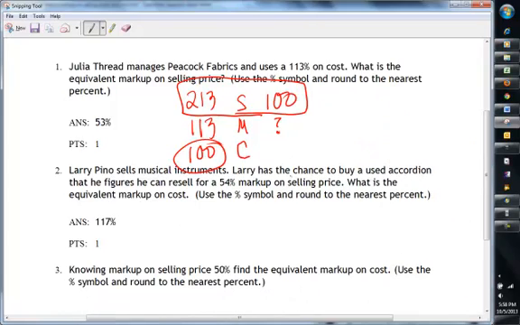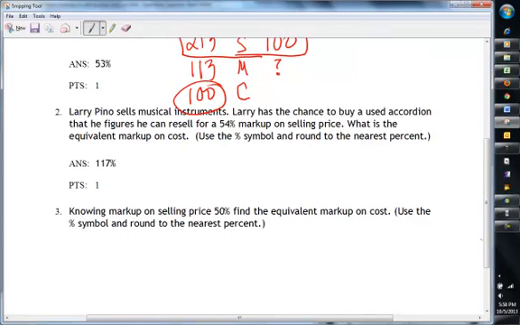Next one. So the 54% is a markup based on selling price. Here's the markup. So the cost in this case is 46%. We want to know what the equivalent would be if cost is the 100%.